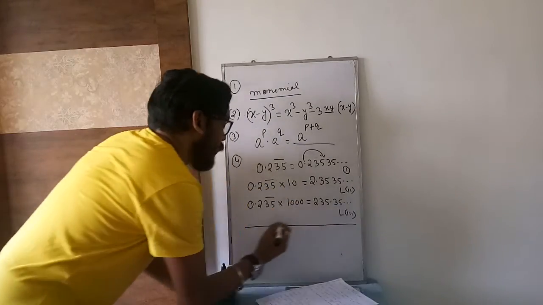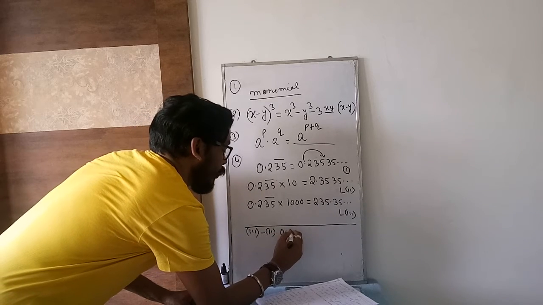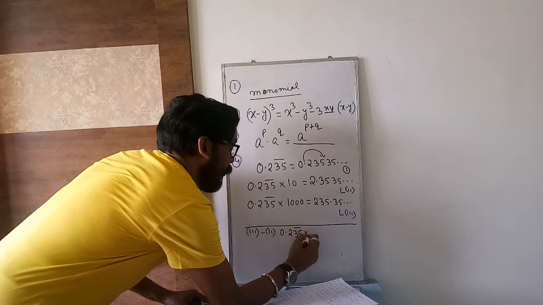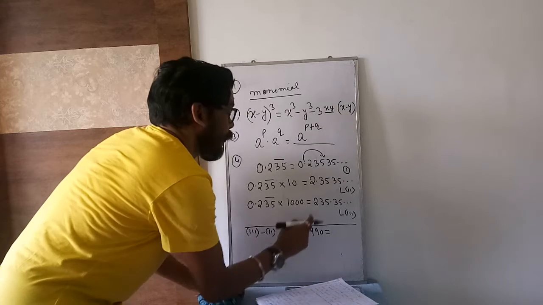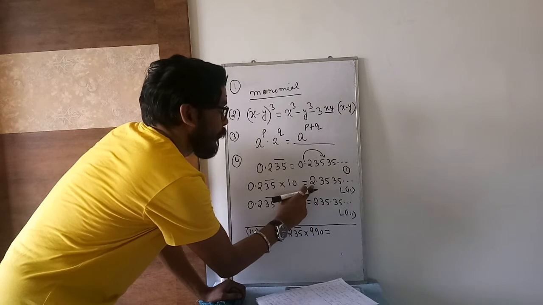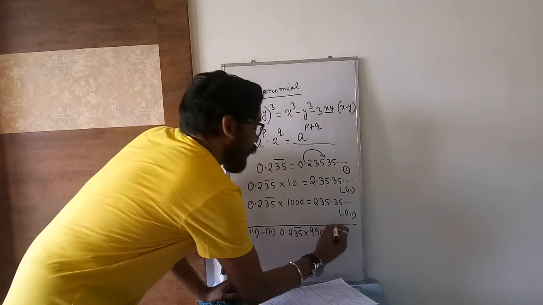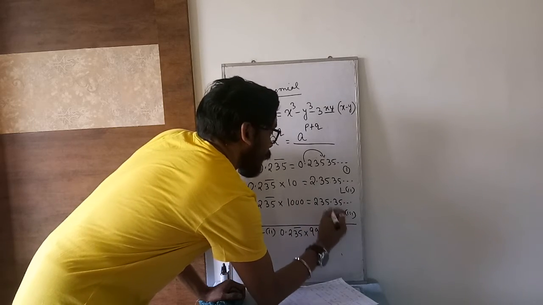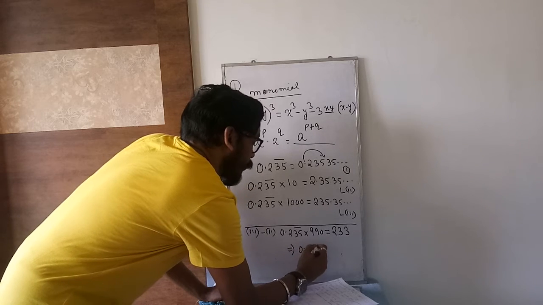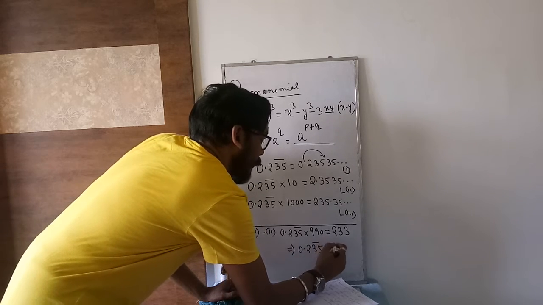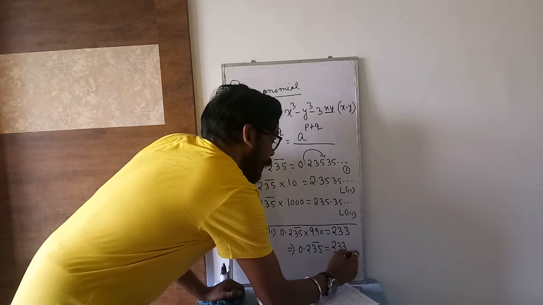So equation 3 minus equation 2: 0.235 bar into 1000 minus 10, that is 990, equals 235 minus 2, which is 233. So 0.235 bar equals 233 by 990.